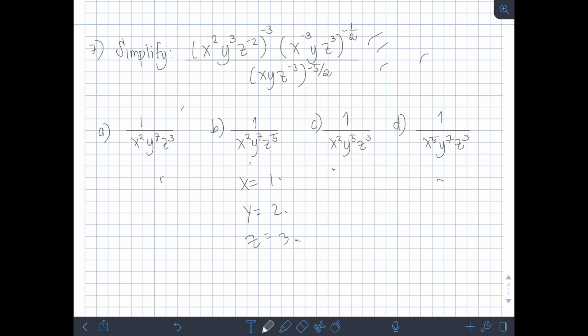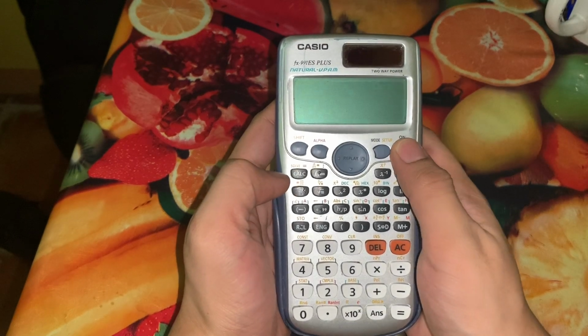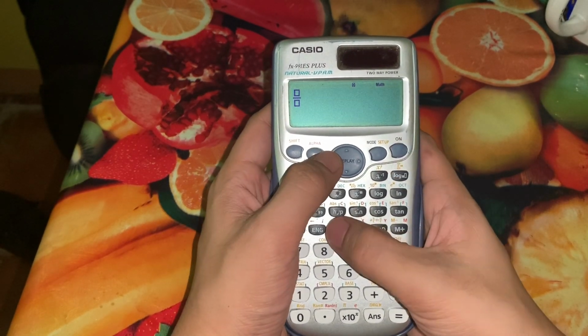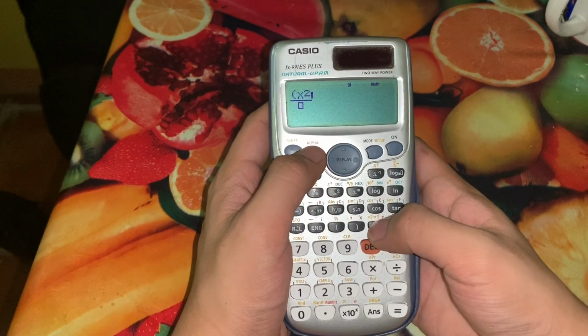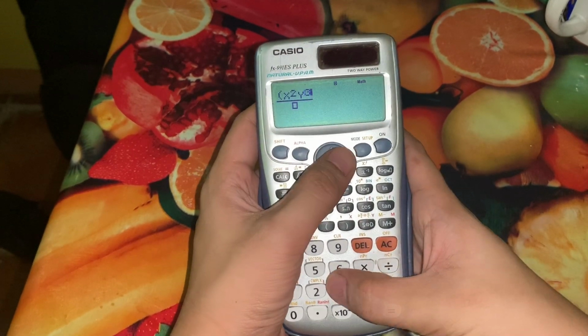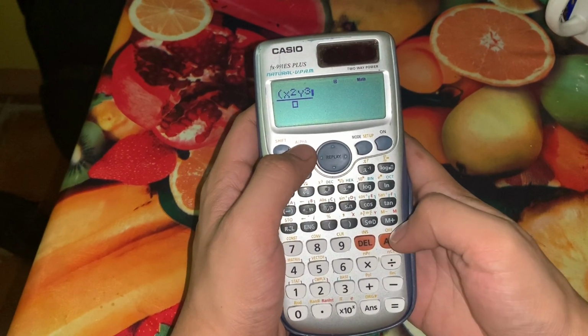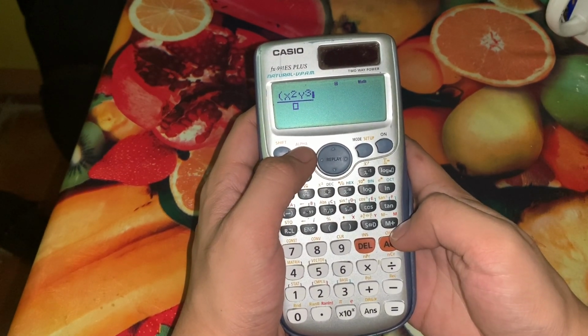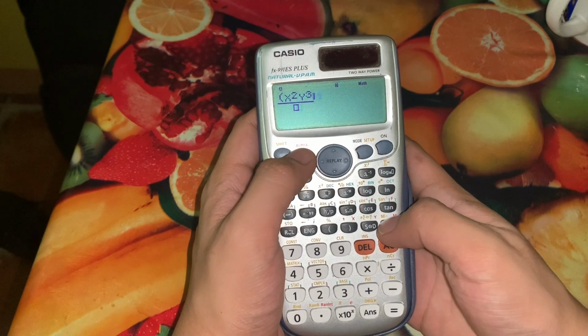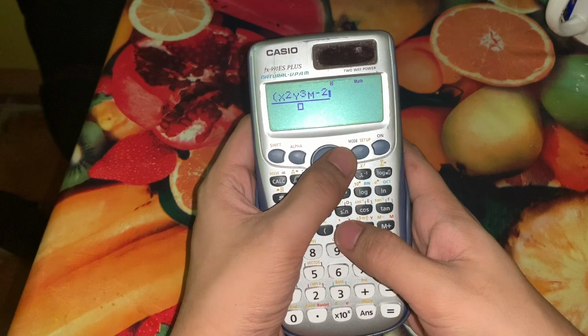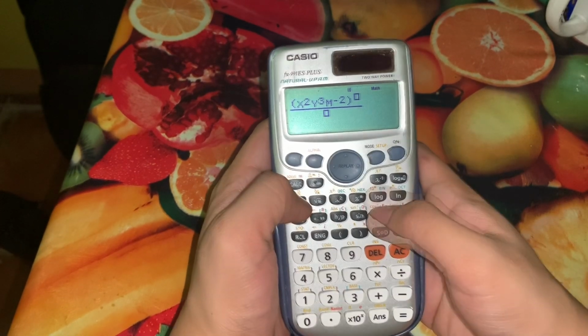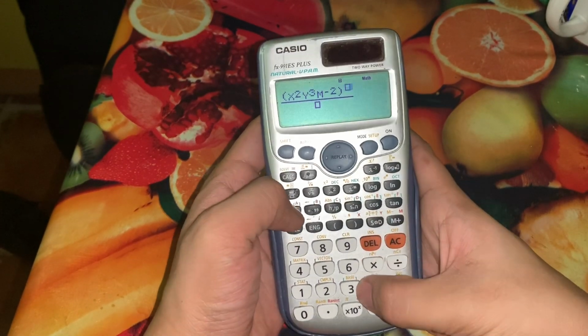Okay, so let's try it on the calculator. Input the expression. The fraction, the first is alpha x squared times alpha y cubed times z. Since we have no letter z on this calculator, let's store it in m instead. So alpha m raised to negative 2, and then the quantity raised to the exponent negative 3.